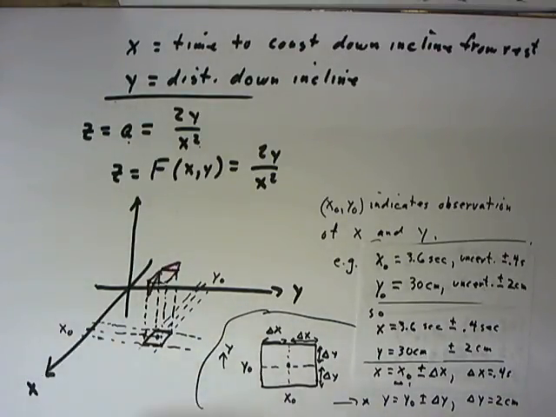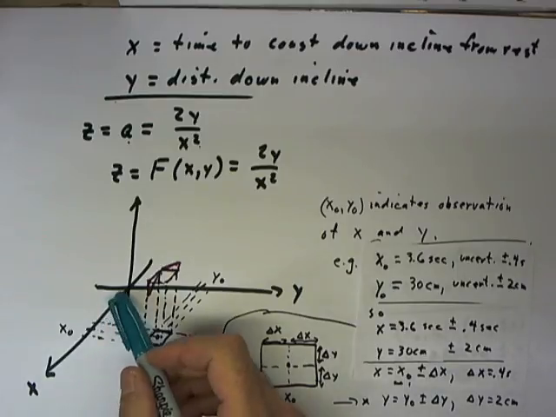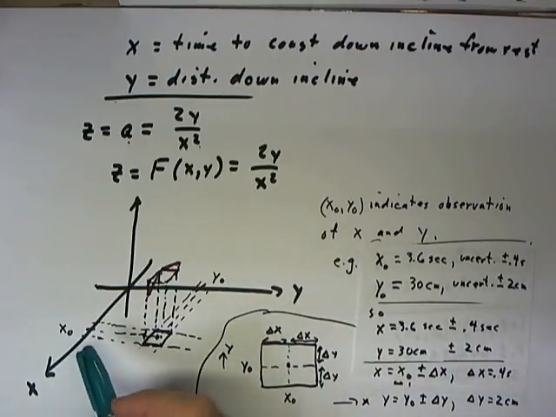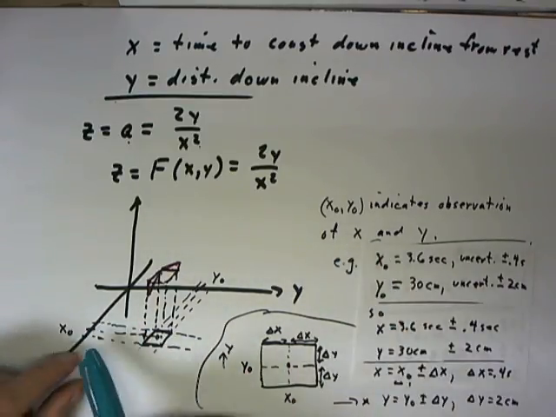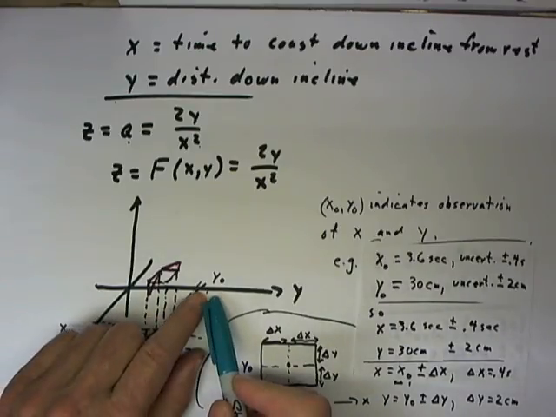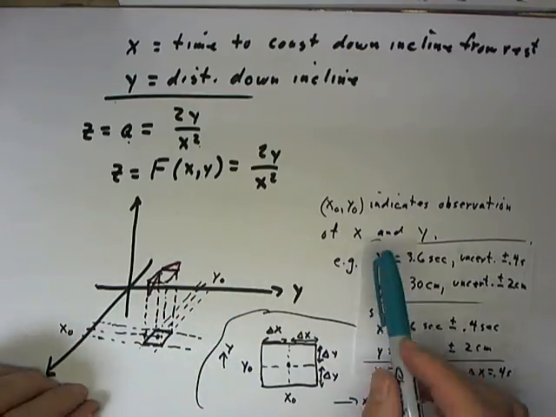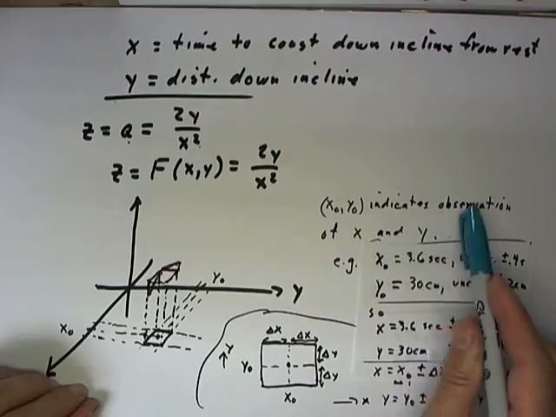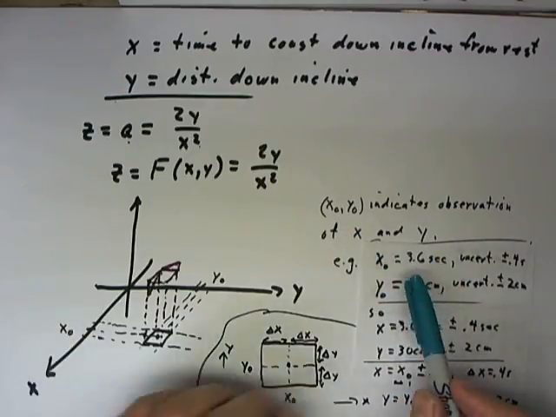The situation on the graph is that we have an observation x naught and an observation y naught. Now x naught y naught indicates an observation of x and y.